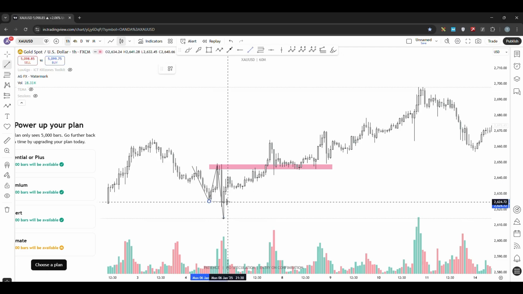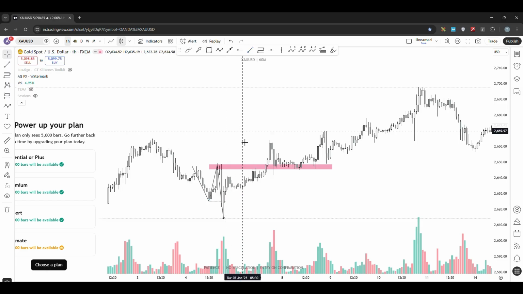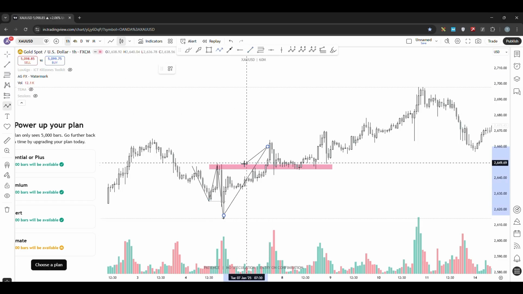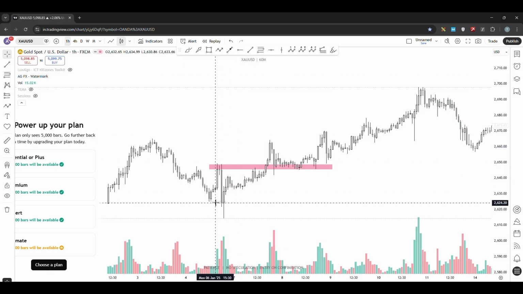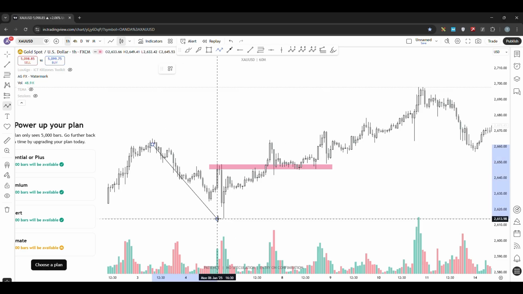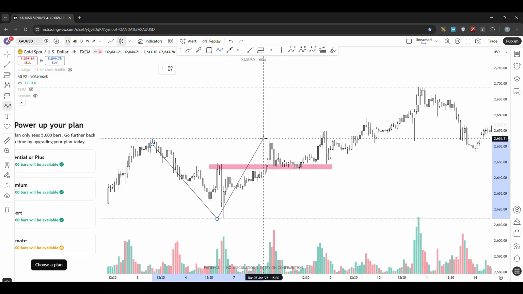After that the market pushes higher and breaks above the last high. That means now we have got a market structure shift on the upside, indicating that this bearish trend is now going to reverse to the upside and become a bullish trend.